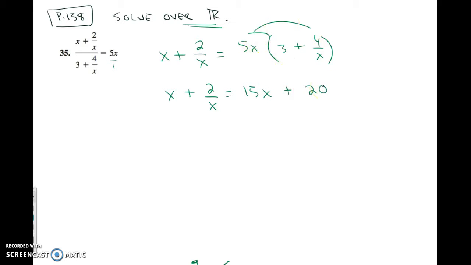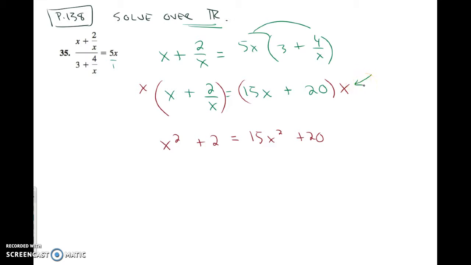Okay, just to get rid of the fractions, let's multiply both sides by x. That gives you x squared plus 2 equals 15x squared plus 20x.